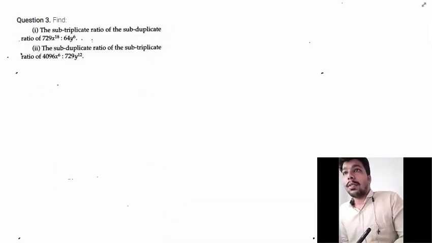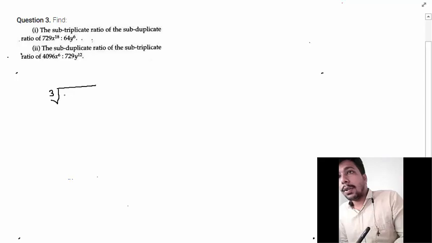Now the second question is also similar. First we have to calculate the triplicate ratio, then the subduplicate ratio. So the triplicate ratio of 4096x raised to the power 6, and then again the subtriplicate ratio of 729y raised to the power 12.